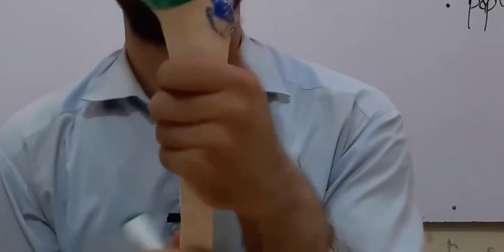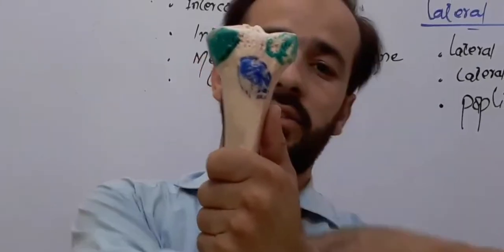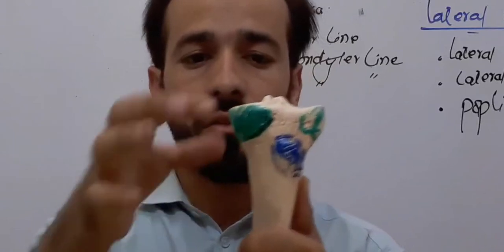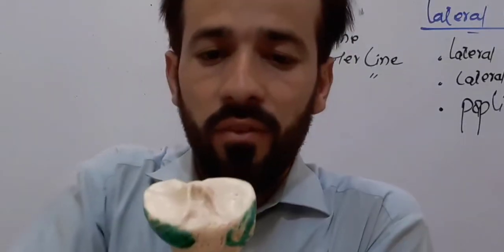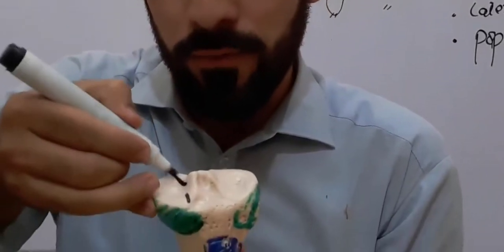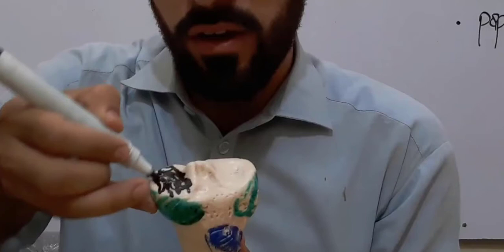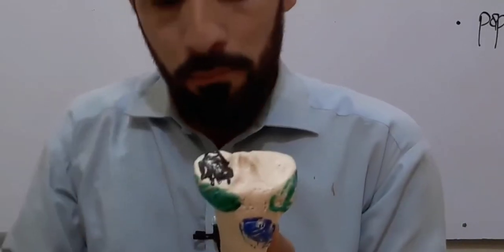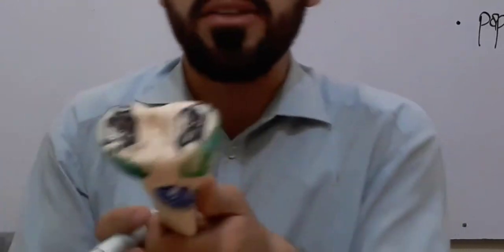Okay friends, look, these two are the condyles. As this is the left tibia, this will be the medial condyle, and this is the lateral condyle. Both the medial and lateral condyles have articular surfaces. Here, this is the articular surface of the medial condyle, and this is the articular surface of the lateral condyle.